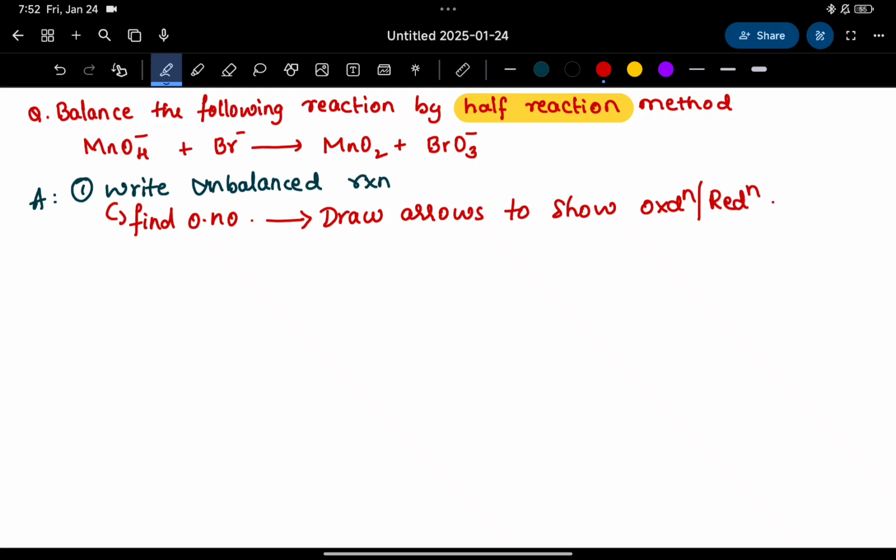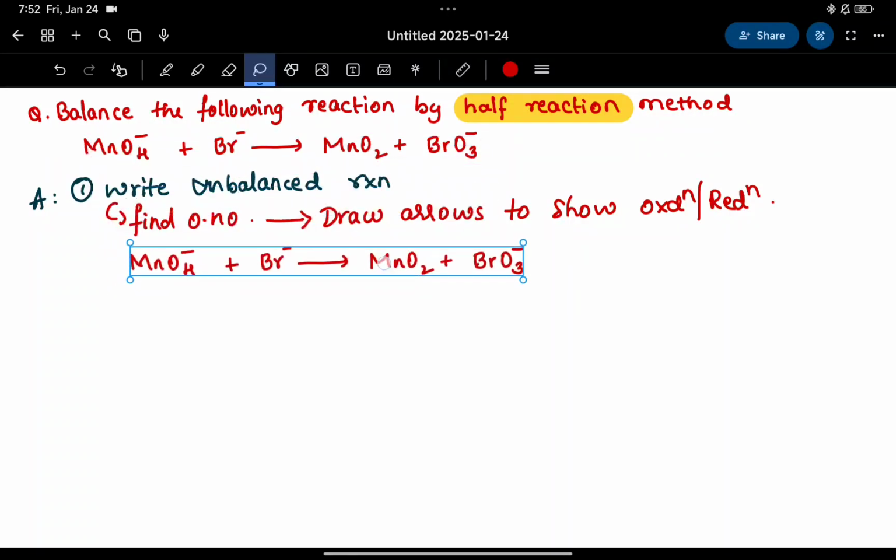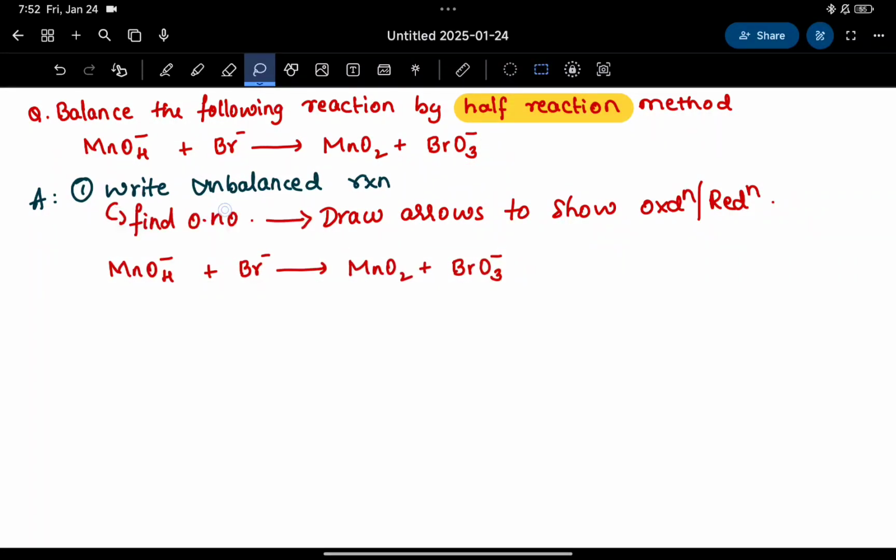So here this is the reaction we have. Instead of writing, I'll just copy it. First step is to write this unbalanced reaction, then identify the oxidation number. Here manganese is plus 7, bromine is minus 1, this is plus 4, and here we have plus 5.